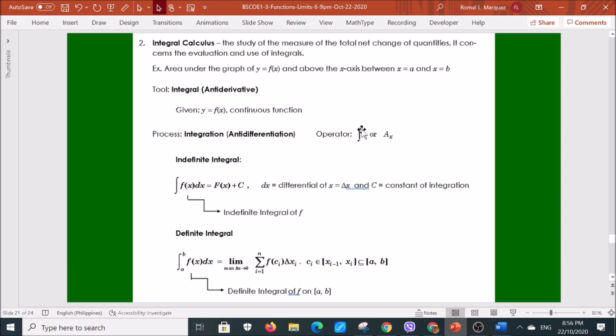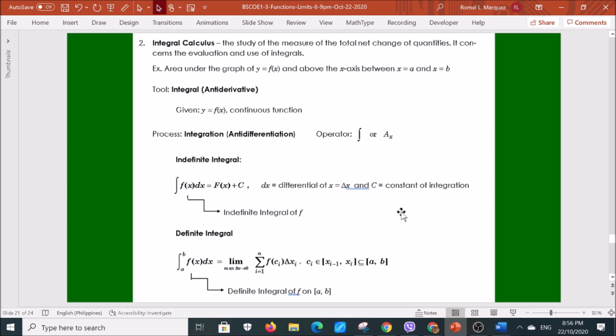And the operator used is this elongated S, or in some books an A with subscript x, to mean antiderivative. So again, there are actually two quantities that we can compute: the indefinite integral and the definite integral. There is a difference between the two. For the indefinite integral, you will come up after computation with a collection of functions, meaning there is no definite value.